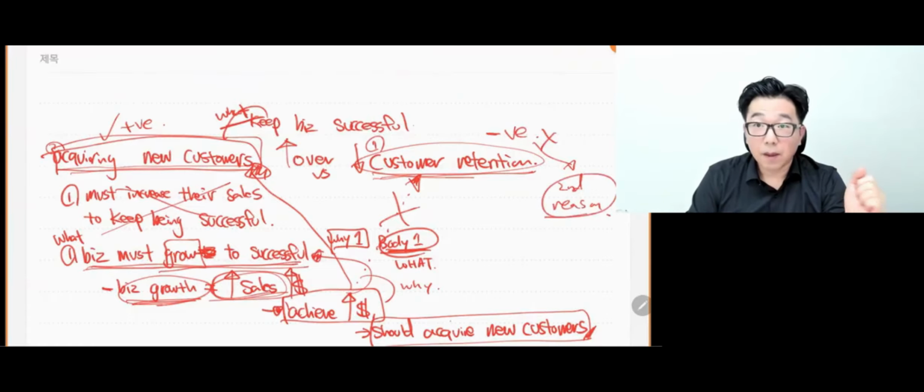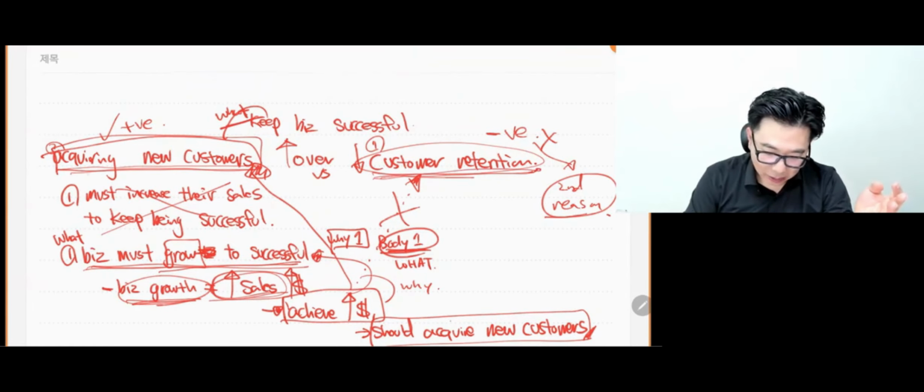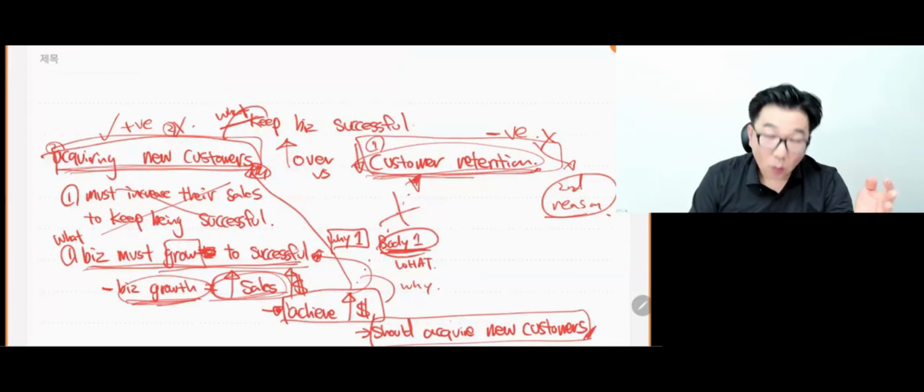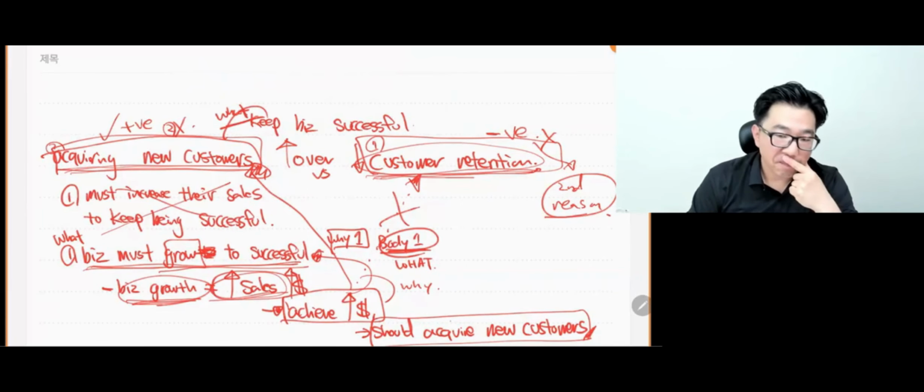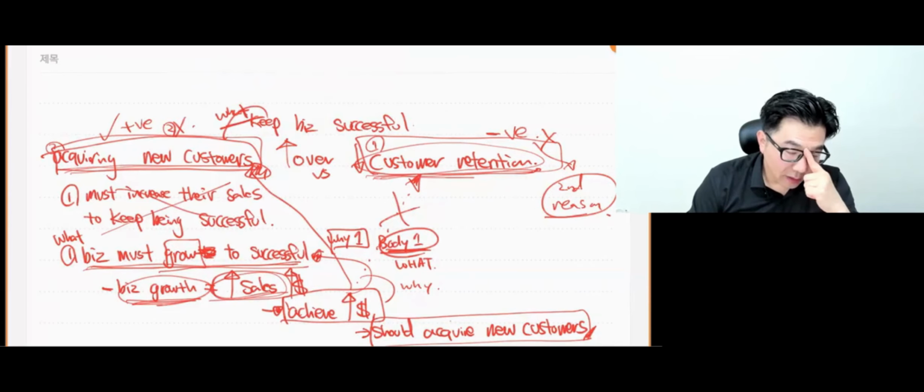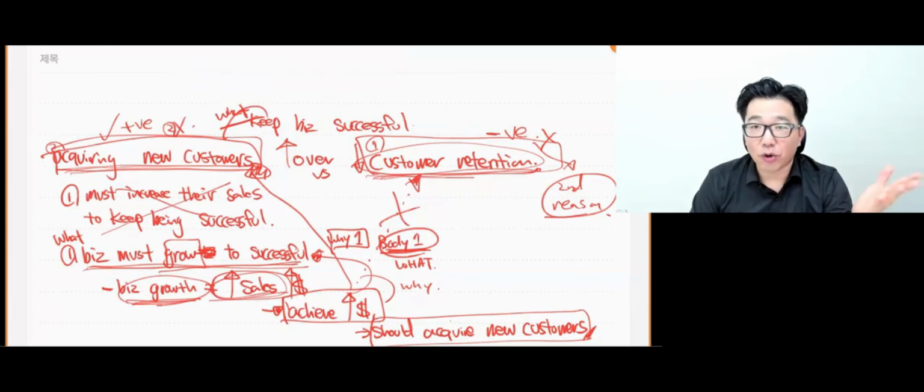Okay. So what's really bad about choosing this? Let's exaggerate. And not doing this at all and only choosing this. What is the risk? What is the danger? Think about it as a business owner.